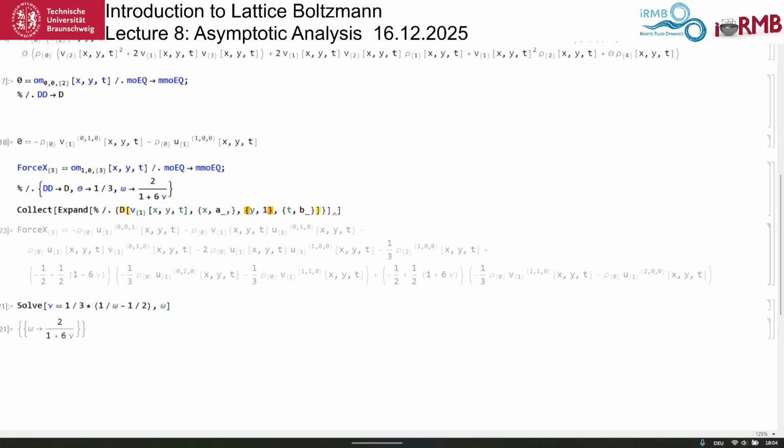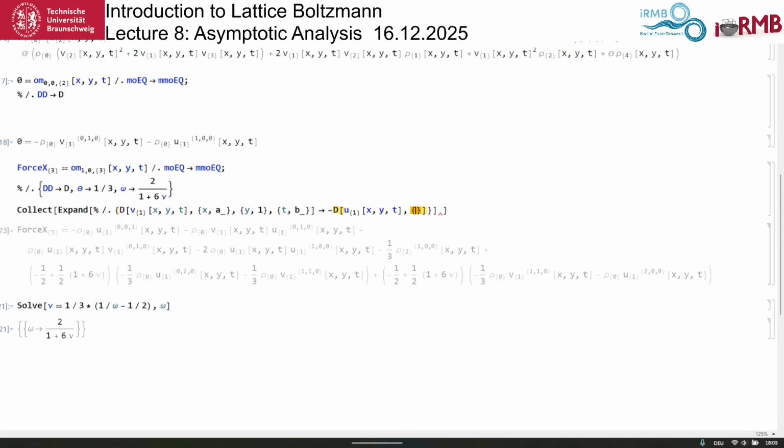So if this is the first derivative in y direction, and any derivative in x and in t, then we can replace this thing with minus the derivative of u to first order of x, y, and t.